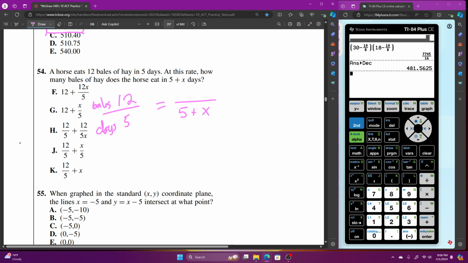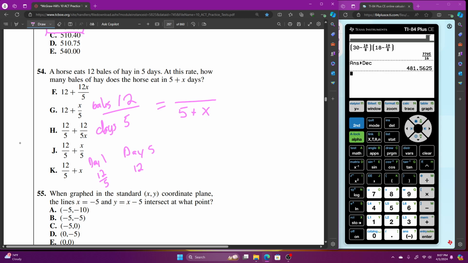So on the first 5 days, he's eating 12 bales of hay. So that means on day 5, he has had a total of 12 bales of hay. But back on day 1, he had 12 divided by 5.